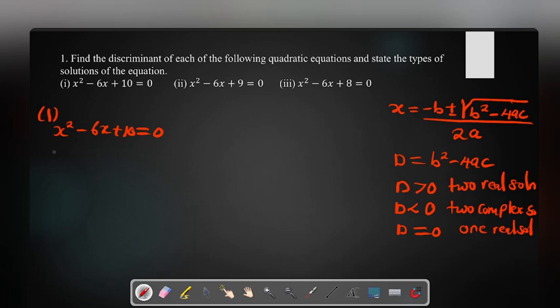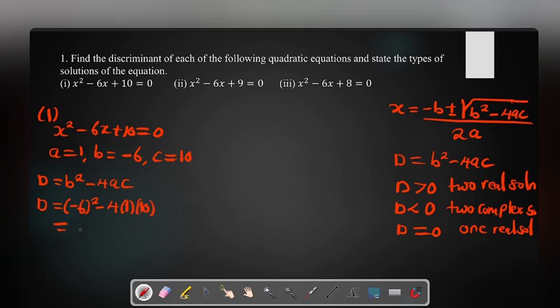Here a is equal to 1, b is equal to negative 6, and c is equal to 10. The discriminant is b squared minus 4ac. Substituting, we get negative 6 squared minus 4 times 1 times 10.